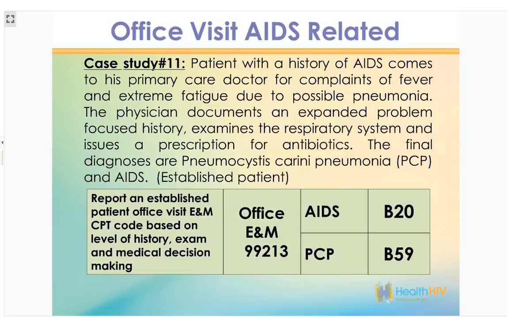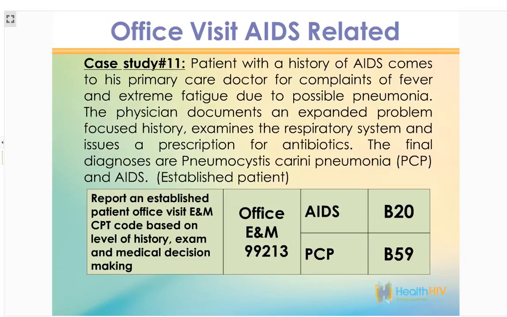The principal diagnosis is B20, and the secondary diagnosis is B59. This is in accordance with the coding guidelines that say anytime a patient has any AIDS-related conditions or opportunistic infections, the AIDS is sequenced as the principal diagnosis. Patients that have opportunistic infections would no longer be diagnosed as HIV positive.